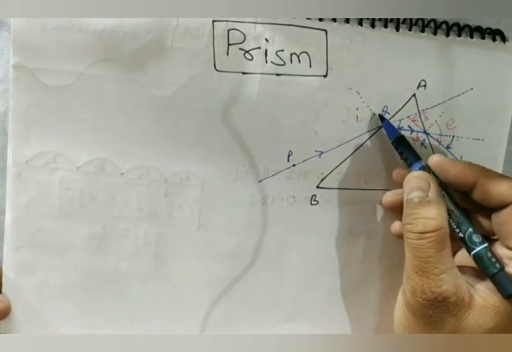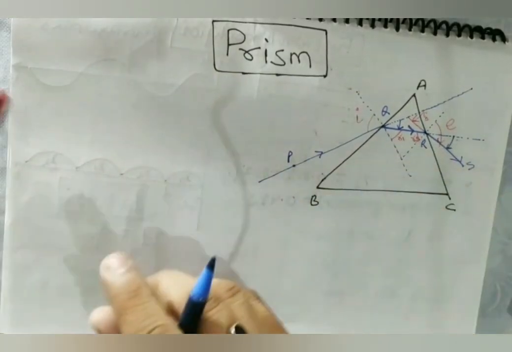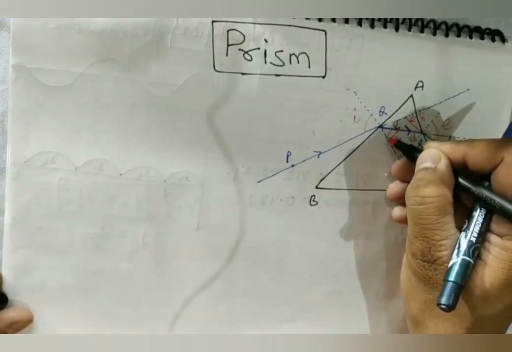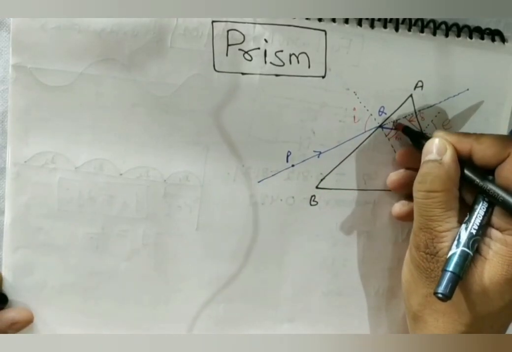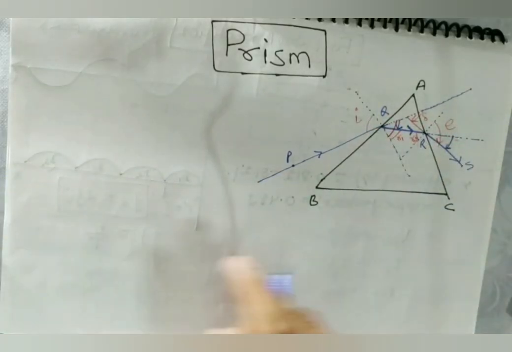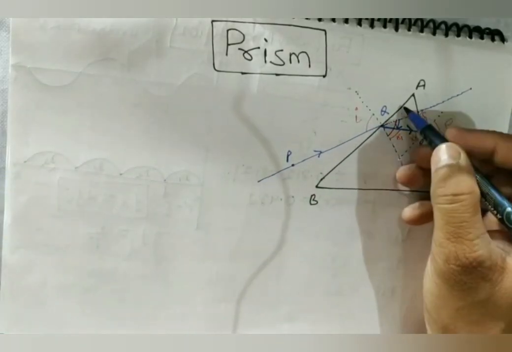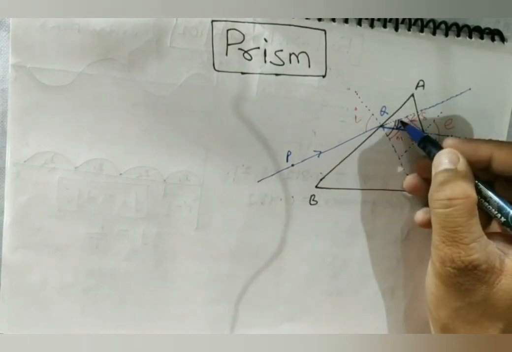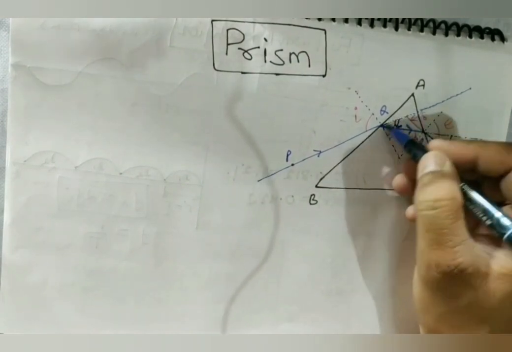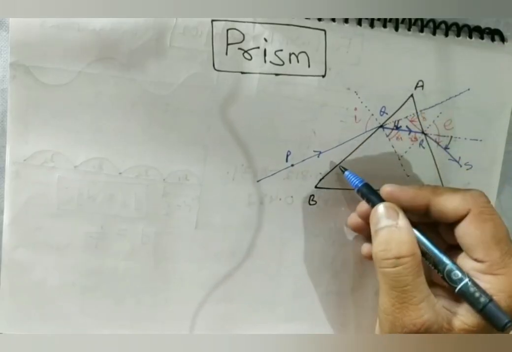You can see the deviation produced. If this angle is I, then the alternate interior angle must be I. That means this angle must be I. This is I, so this angle also is I. But the deviation produced by this surface is only this. This is the deviation produced by surface AB.